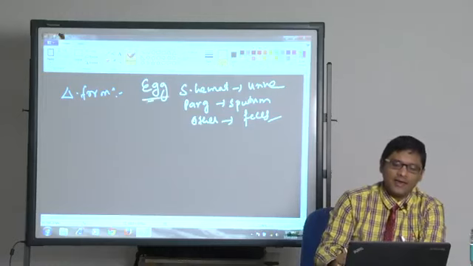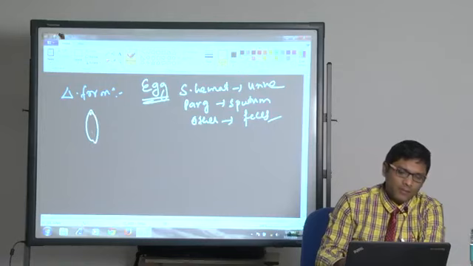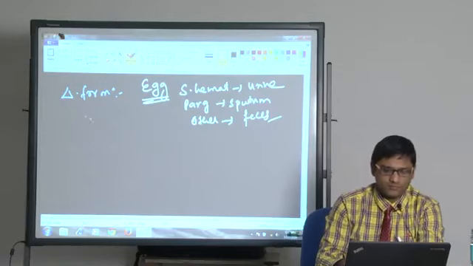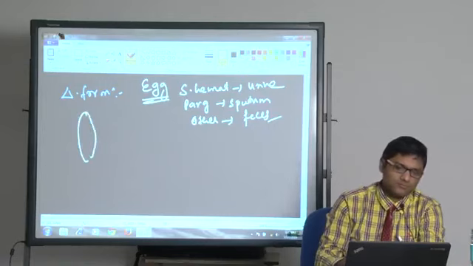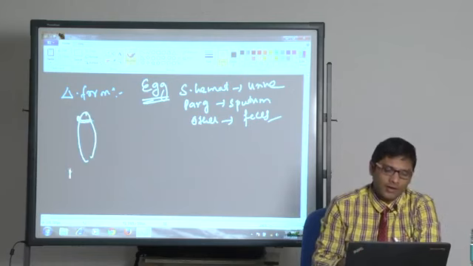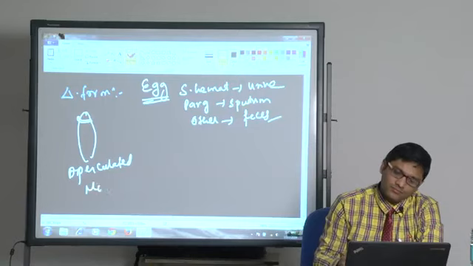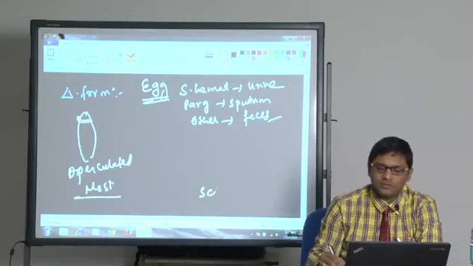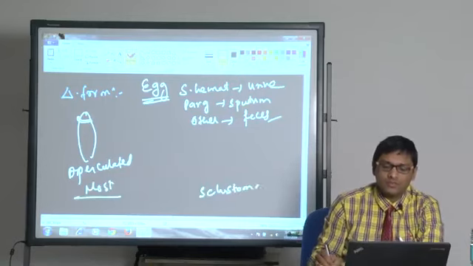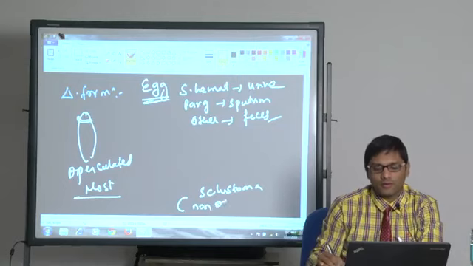The description of egg: all trematodes have operculated egg, except Schistosoma. In Schistosoma, the eggs are non-operculated.